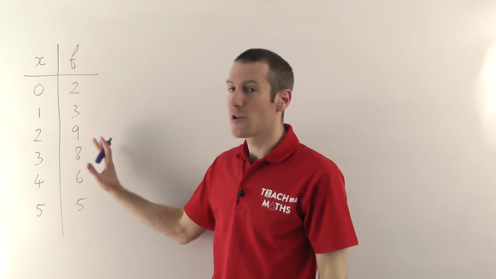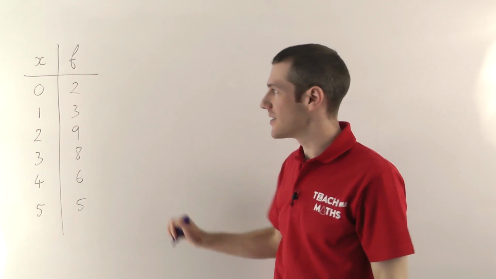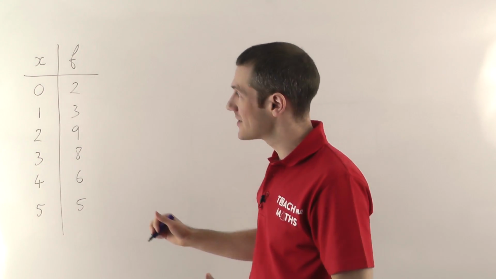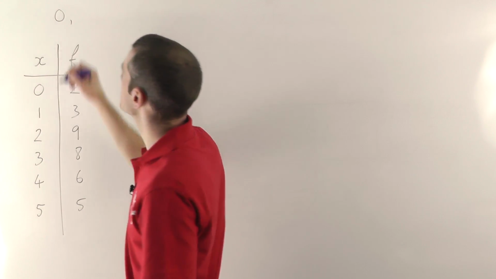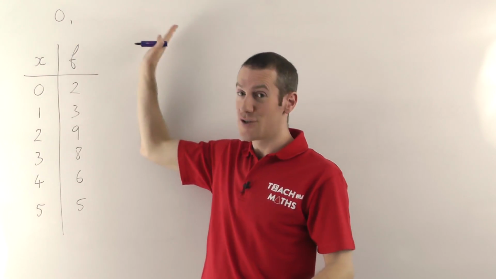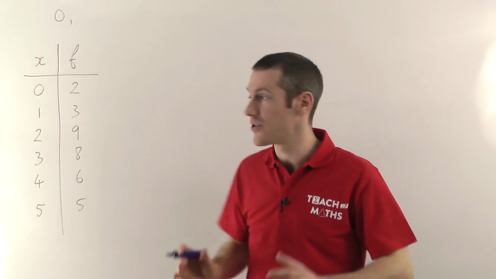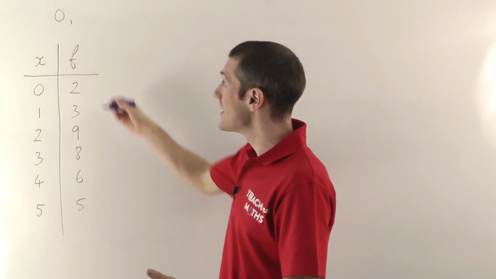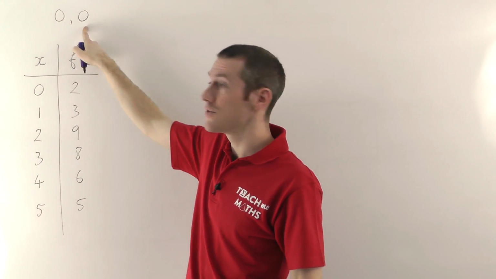So if you think about your long list of numbers, when you write out all your numbers in order from smallest to largest, the first number in the list is going to be 0 again. Now, as I say, you don't actually need to do this. You don't need to write out the numbers. I'm just doing it briefly so you get the concept straight. The second number in the list is going to be another 0. There are 2 zeros in the list, so you need those 2 first.